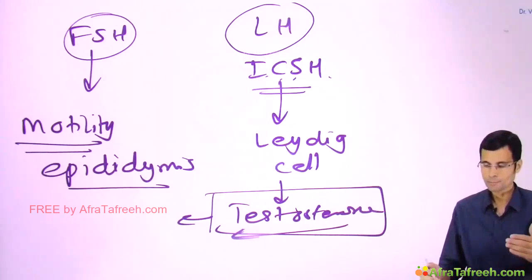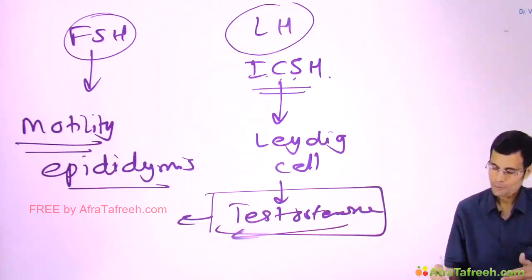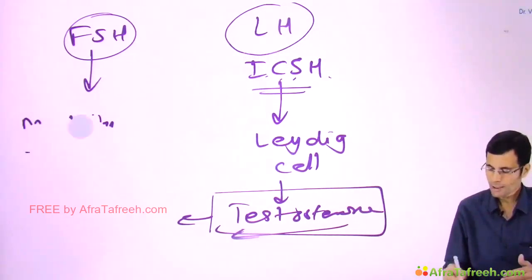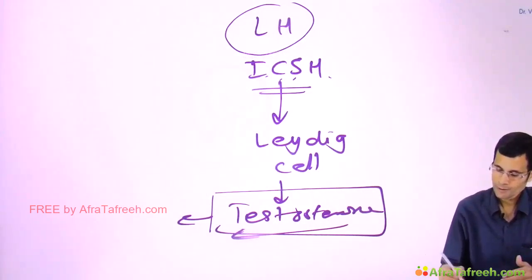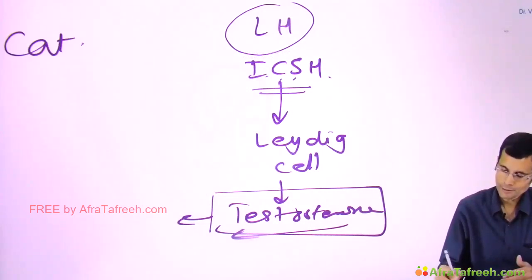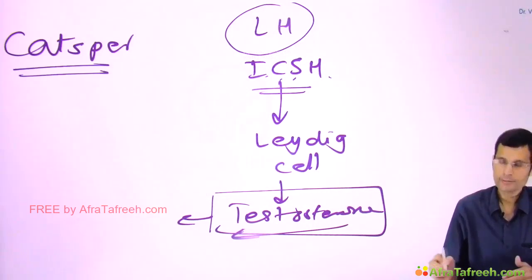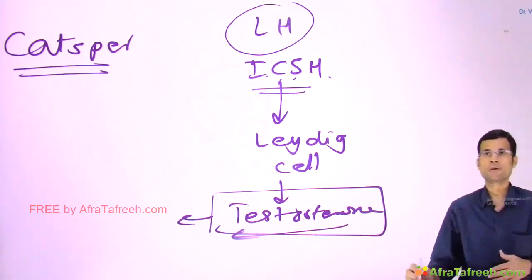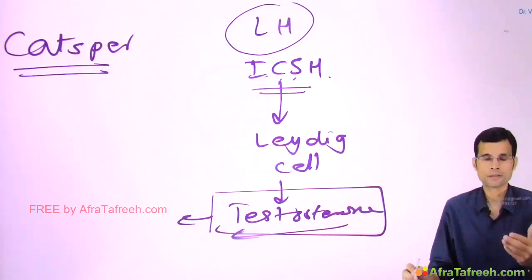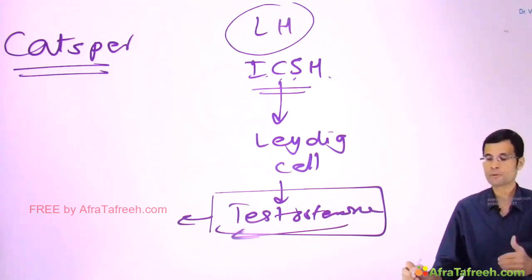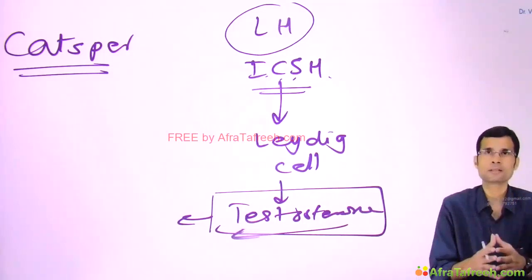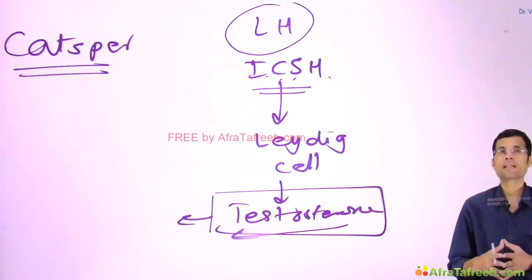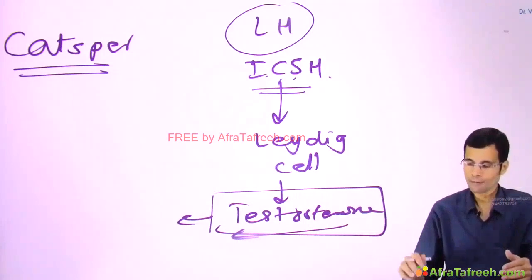It's called progressive motility, and a protein which has been found to be involved in acquiring motility is CatSper. This is said to be a calcium channel involved in the calcium current to develop through it, and it's said to be an important unique protein in the spermatozoa involved in acquiring motility for the sperm.